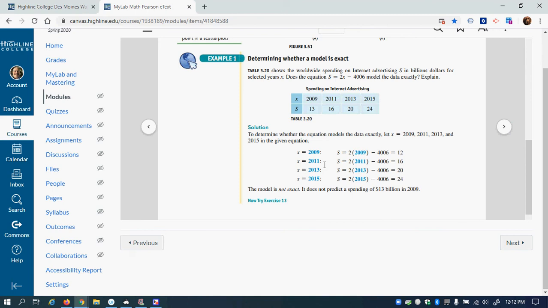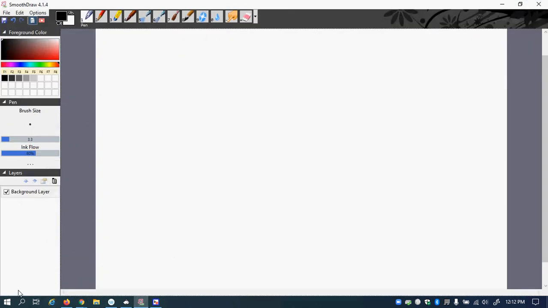So if we take a look at another one, they're suggesting us to do exercise 13. Let's do that one together. So 13 is actually on page 243. Okay, so here is 13.